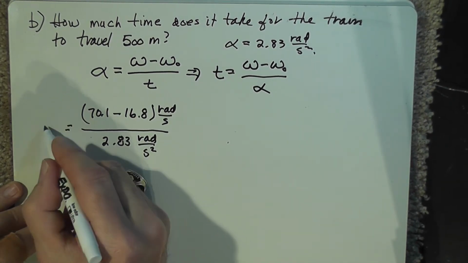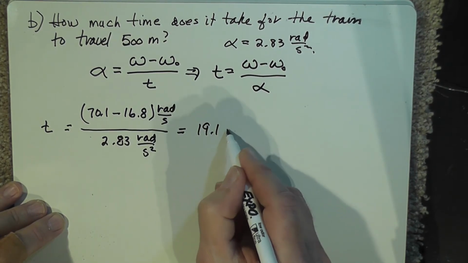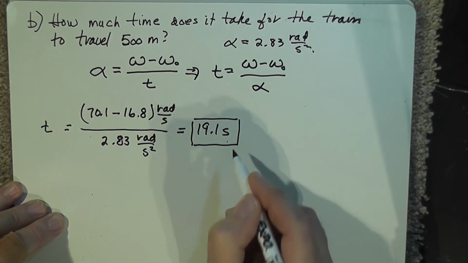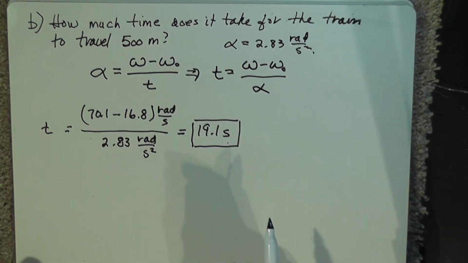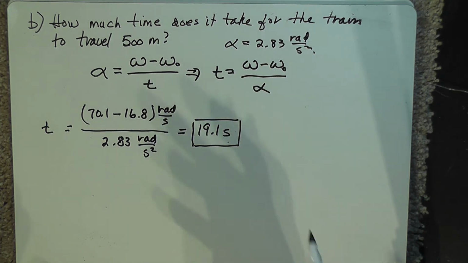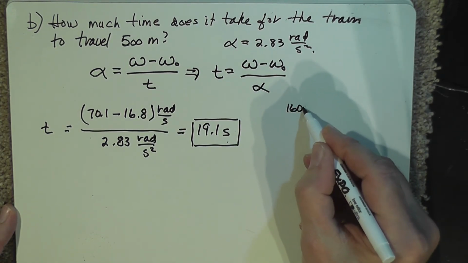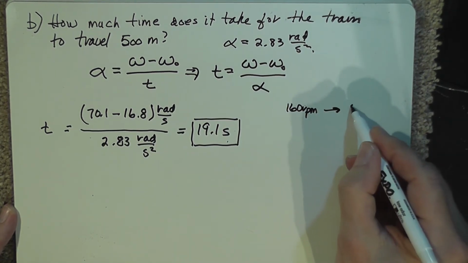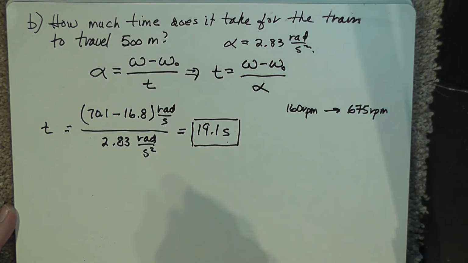Okay, so this is our time, and this is going to give us 19.1 seconds. So this is the answer to part B. That's how long it takes the train to displace the 500 meters. At the beginning, it has 160 RPM at the start of the 500 meters, and at the end, the drive wheel is rotating at 675 RPM.